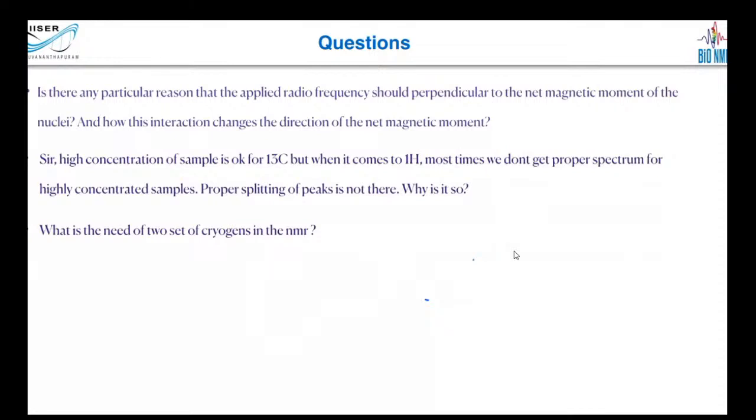So around 290 Kelvin is what you have at room temperature, the temperature outside in the room. Now the superconducting magnet has to be at liquid helium temperature, which is around 4 Kelvin. There is a huge temperature gradient, from 290 down to 4 Kelvin.